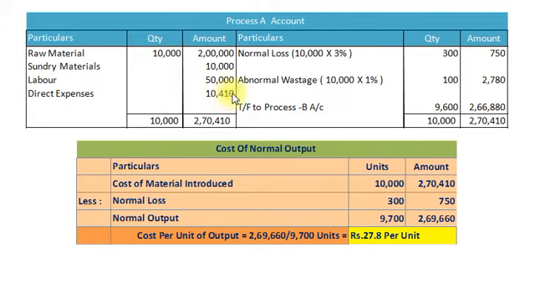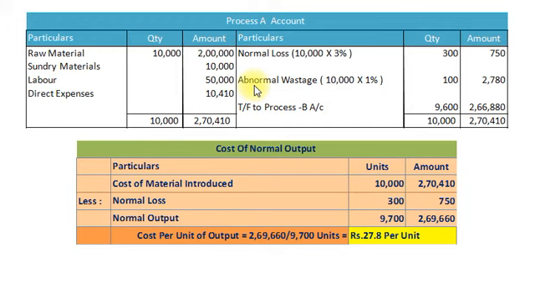Then we work out normal loss, which is 3% of input. So 3% of 10,000 units, that is 300 units, and it is realized at rupees 2.5 per unit, so amount 750. Dear students, in the given question our actual loss is 4%.